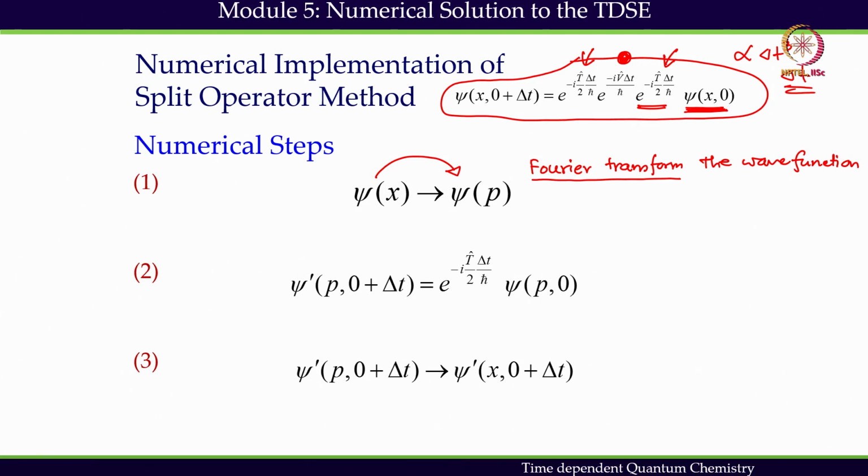We will just mention that Fourier transform is a technique by which one can transform the wave function from position space to the momentum space, and one can make use of the fast Fourier transform algorithm for this. It is called the FFT algorithm. Why do I need to transform this? Because I have to use this momentum operator in the Fourier domain, in the momentum domain, and that's why.